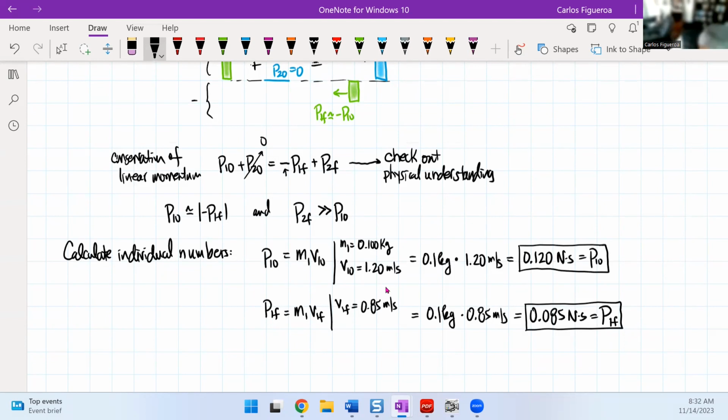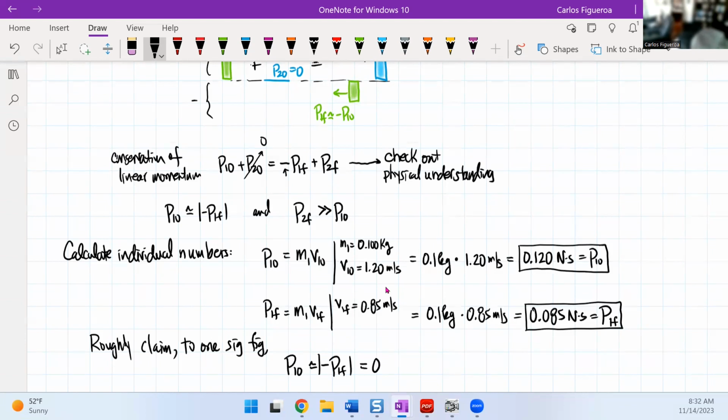So I would then say that we could roughly claim, to 1 sig fig, that P1 initial and the magnitude of P1 final are approximately the same and equal to 0.1 newton second.